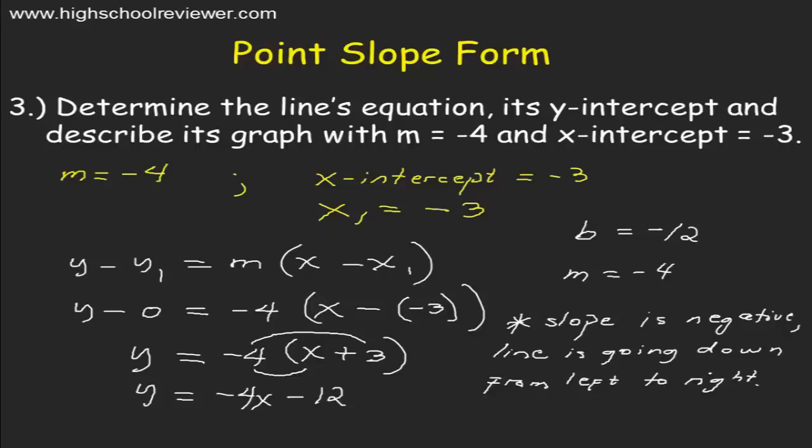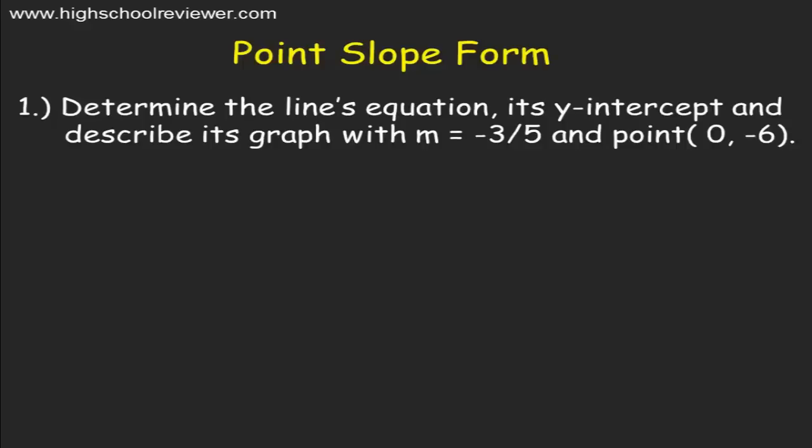So our equation is y equals negative 4x minus 12. Our intercept is b equals negative 12, and slope is negative when the line is going down from left to right.